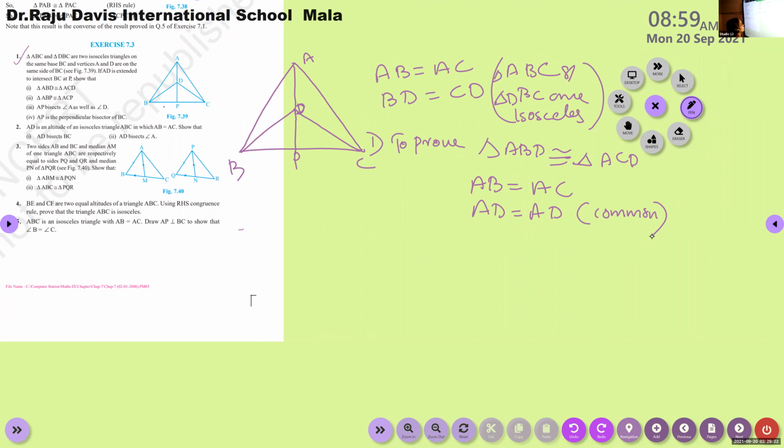Also, we have BD equal to CD. Reason: we have already written ABC and DBC are isosceles. So three sides are equal. So we can write triangle ABD is congruent to triangle ACD. Reason: three sides are equal, SSS congruence rule. So first question is over.